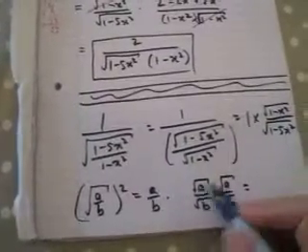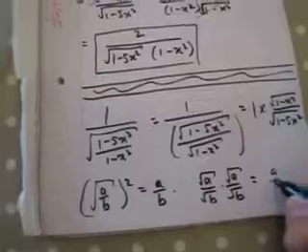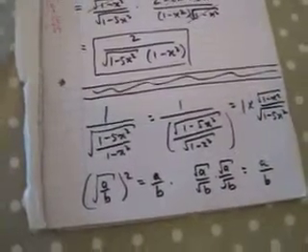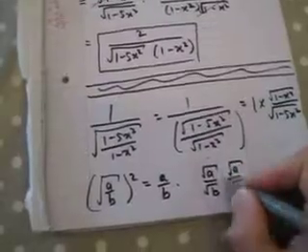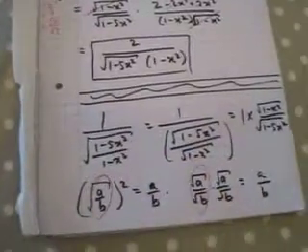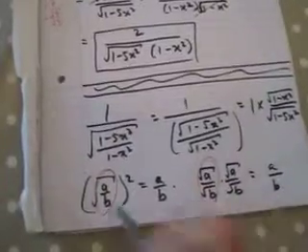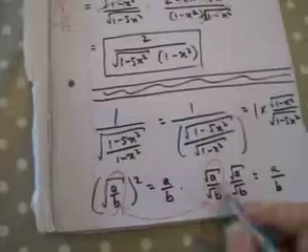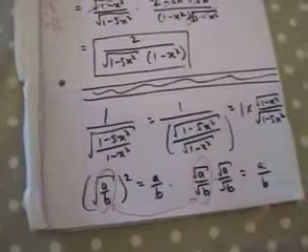Well, fractions multiply top by top, so root a by root a is a, bottom by bottom, root b by root b is b. So this thing, root a over root b, has to be the same as the square root of a over b. When you square this thing, you get a over b. When you square this thing, you get the same, so these are the same. This and this are the same thing. And that's pretty much it.